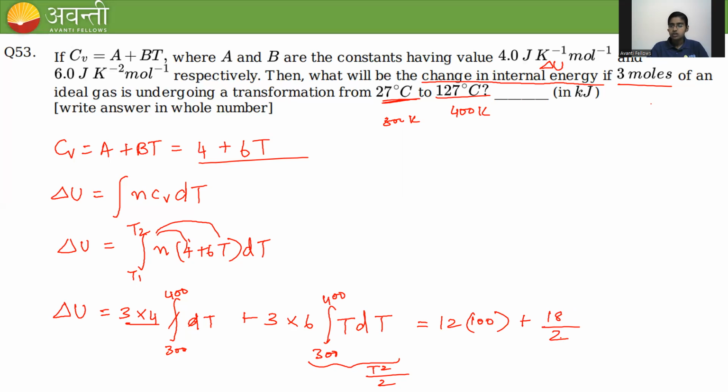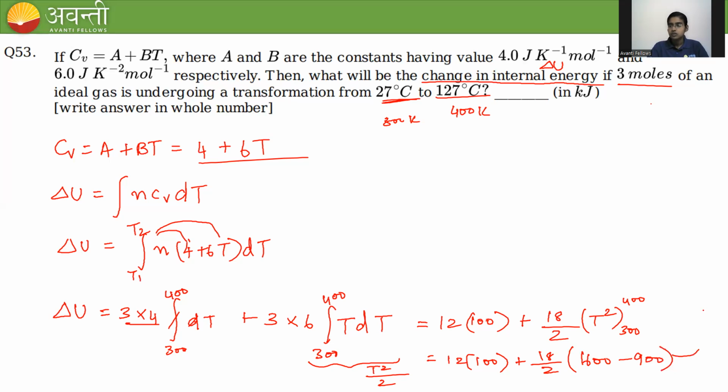We can take that also out and we are left with only T square. So when we apply the limits 300 and 400, we will get 12 into 100 plus 18 by 2. So 400 square is 160000 and 300 square is 90000.